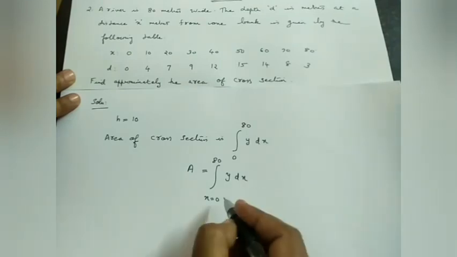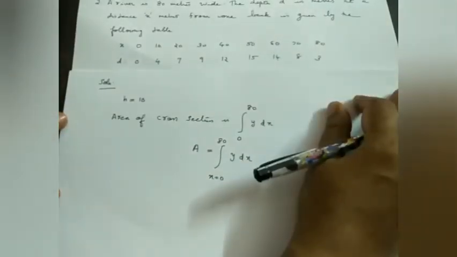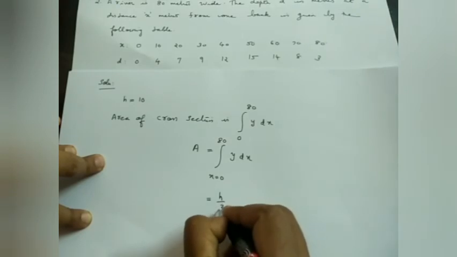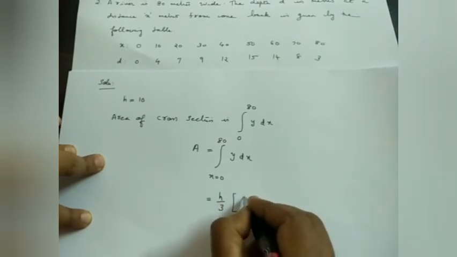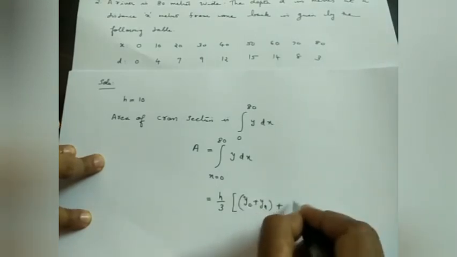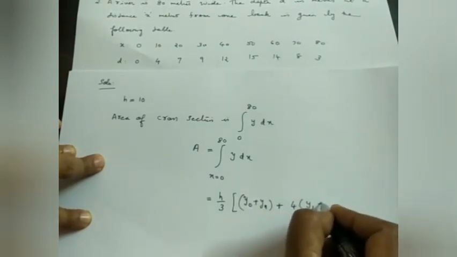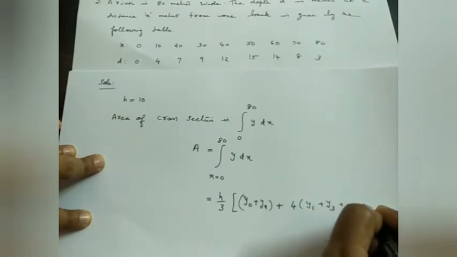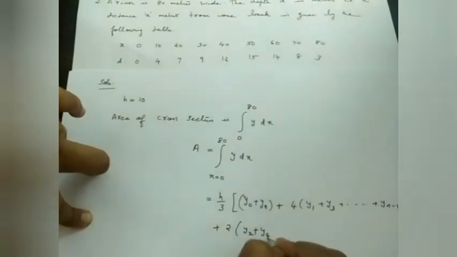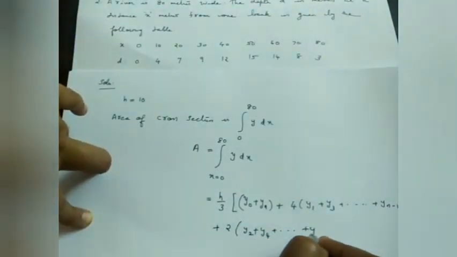Now we can calculate this using Simpson's 1/3 rule. For that I am writing the general formula, that is h by 3 into y0 plus yn, plus 4 into y1 plus y3 plus etc. plus yn minus 1, plus 2 into y2 plus y4 plus etc. yn minus 2.